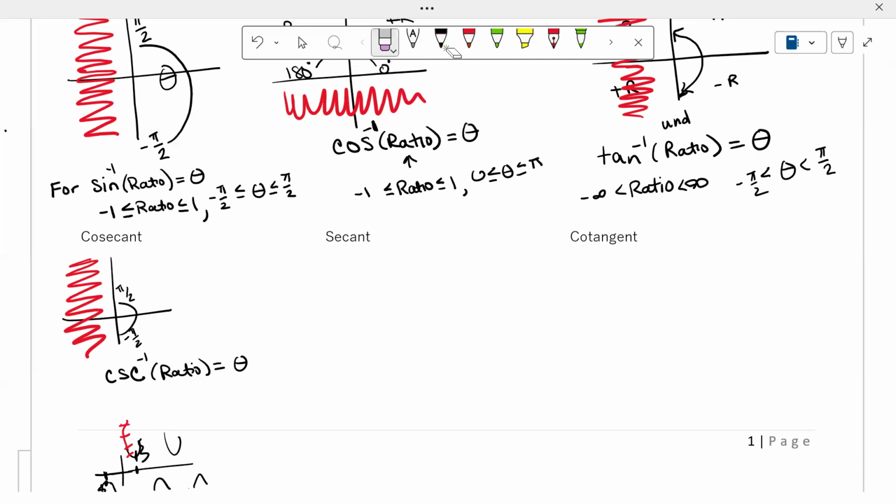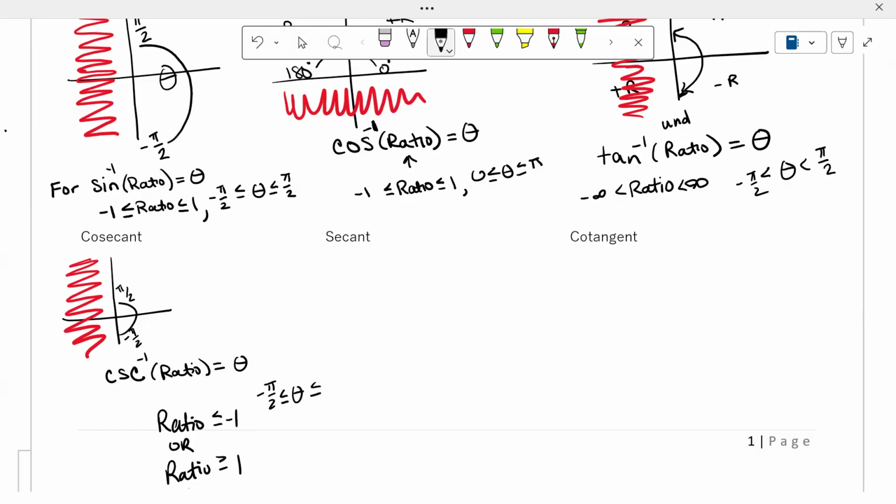So we say the ratio is less than or equal to -1 or greater than or equal to 1. The theta is going to be between or equal to negative pi over 2 up to positive pi over 2.